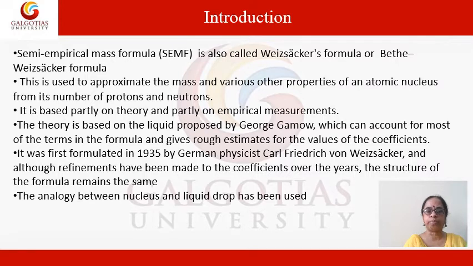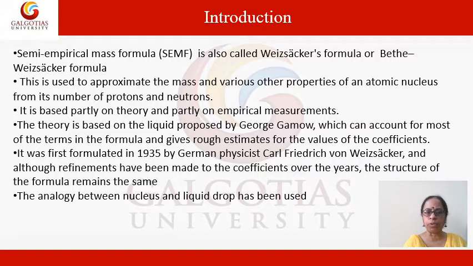It is based partly on the theory and partly on empirical measurements. The theory is based on the liquid drop model proposed by George Gamow, which can account for most of the terms in the formula and gives rough estimates for the values of the coefficients.